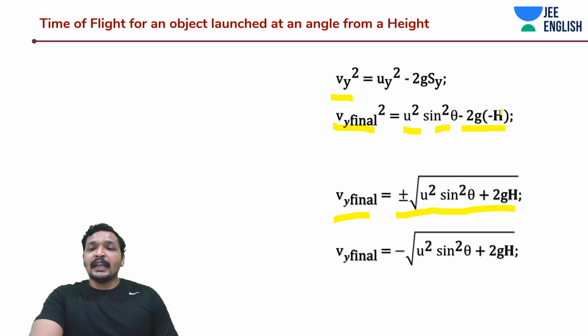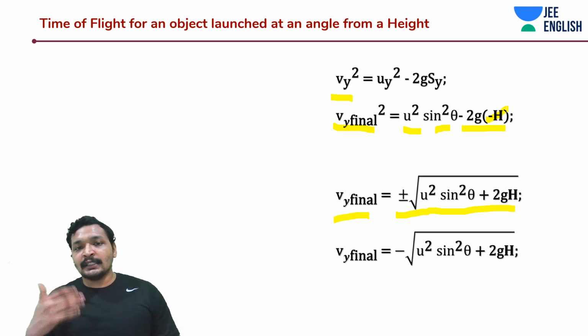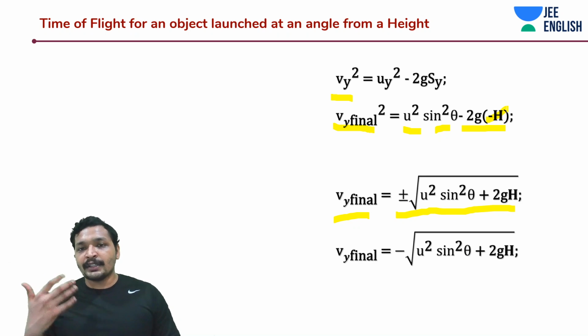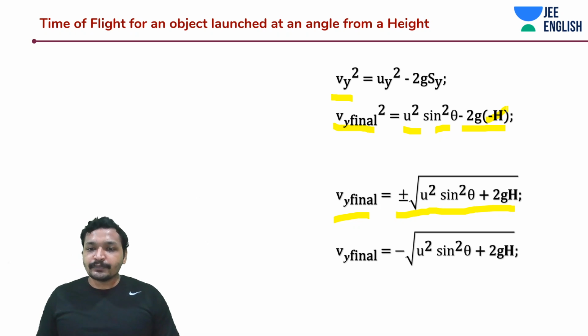So remember guys, we have substituted this minus h for a projectile motion from a height, because we are always considering that we are projecting it from the origin, or we are standing at a neutral position.